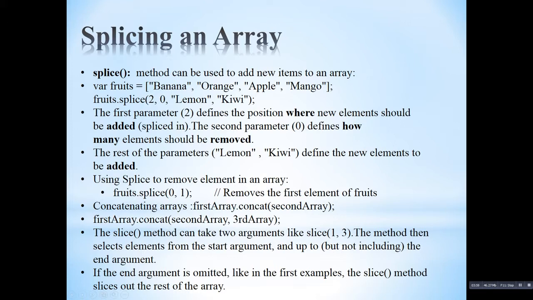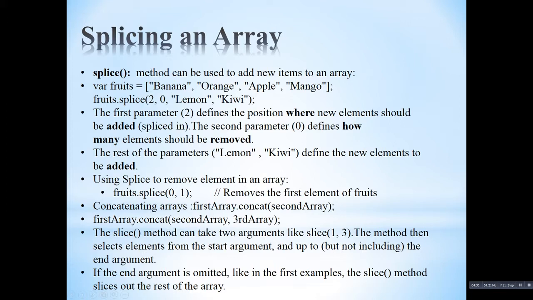The rest of the parameters, Lemon and Kiwi, define the new elements to be added. So at the 2nd position, lemon and kiwi will be added. The new result array will be banana, orange, lemon, kiwi, apple, mango.